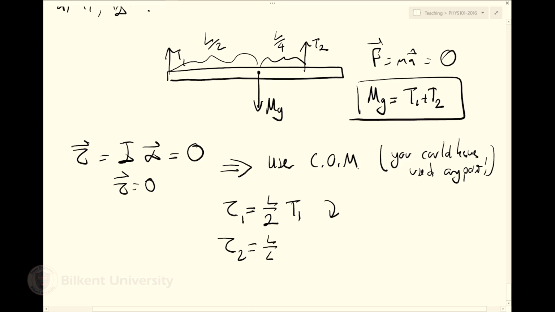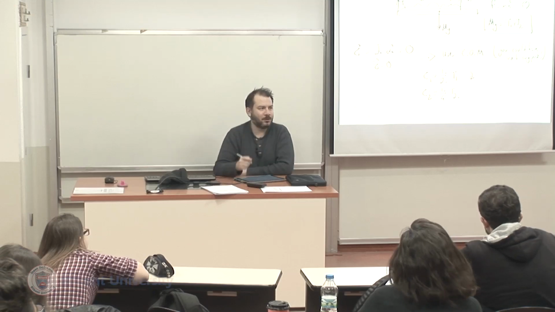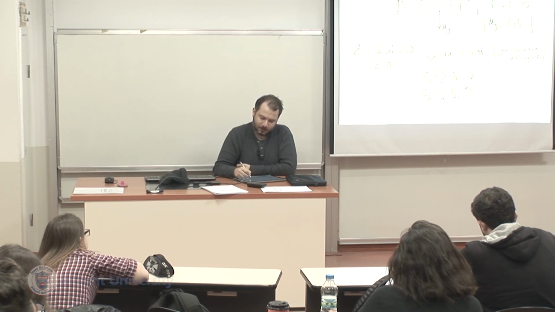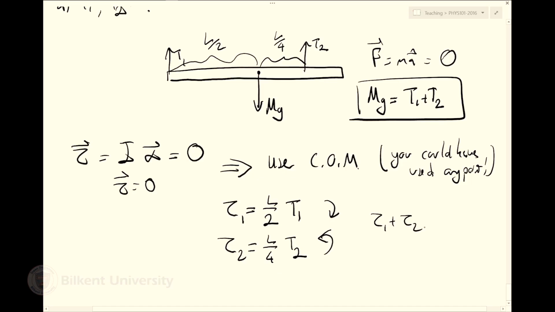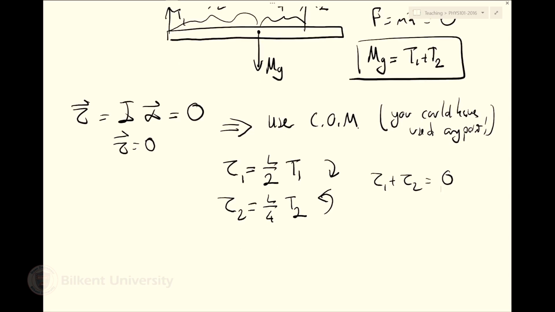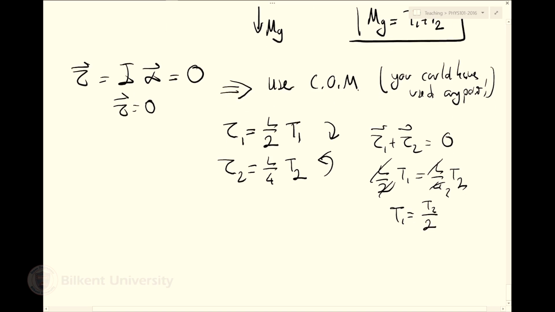It's going to be L over 4 times T2, but it's trying to rotate my rod counterclockwise. So torque 1 plus torque 2 equals 0 actually means, as a vector, L over 2 T1 must be equal to L over 4 T2, else cancel. T1 is T2 over 2.